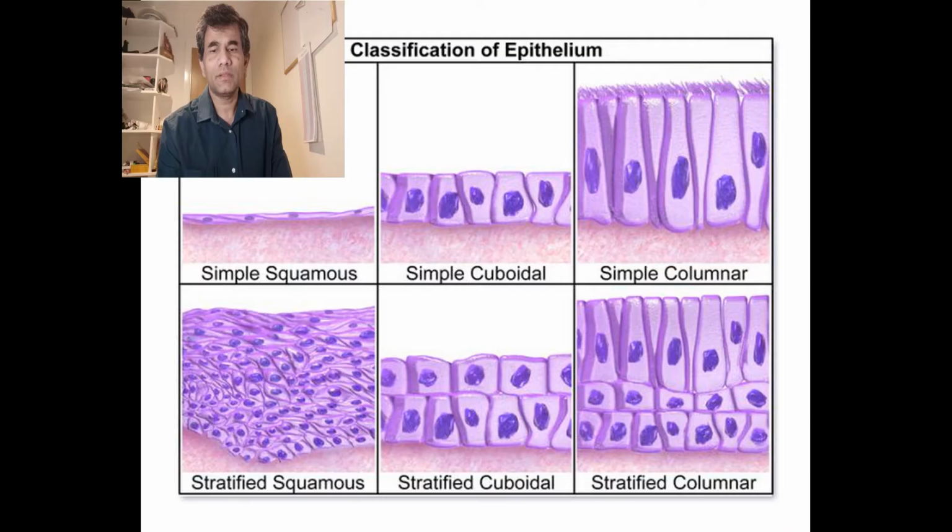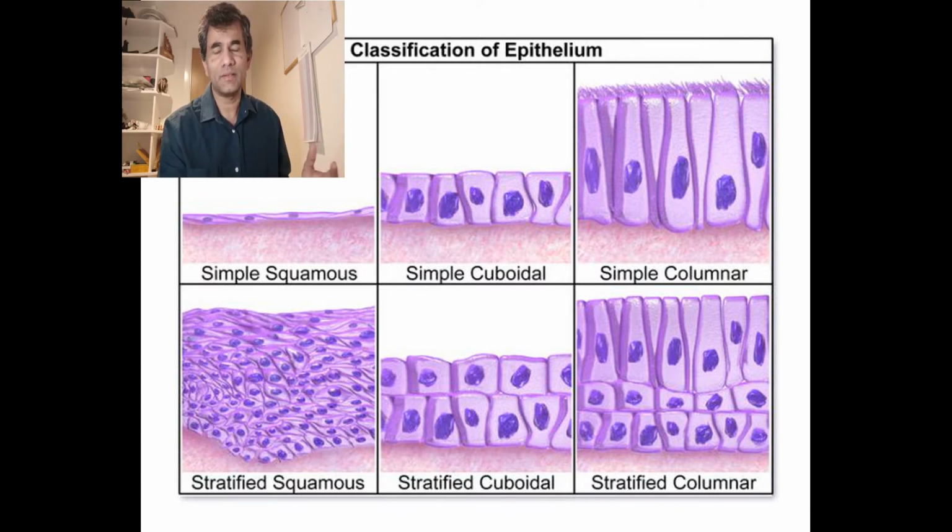So epithelial tissue, have a look at this diagram here. This shows you different types of epithelial tissues, and they're basically a classification, and depending on which source you read from, you will get one or two different names in this classification. And that is true even for my medical education.